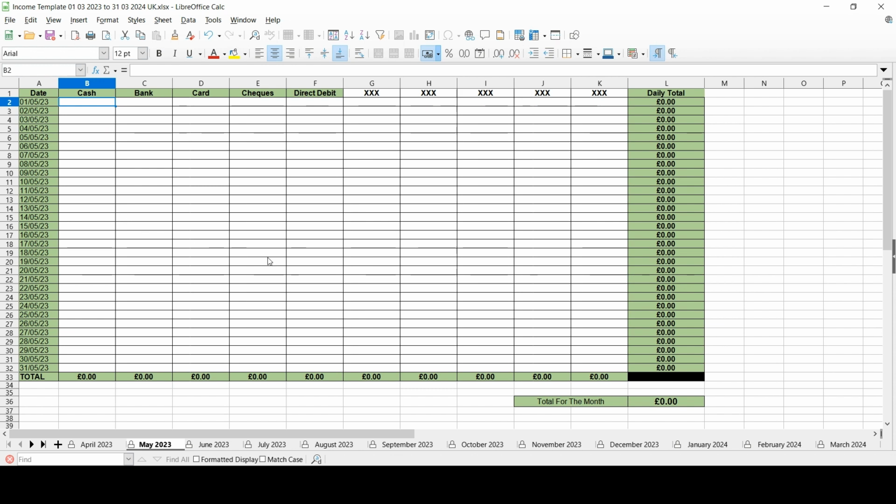Having a recorded daily income not only gives you better bookkeeping and accounting, it also can help you pay less to your accountant because most accountants, if you give them a super easy Excel sheet with your daily income recorded in it, they charge you less.